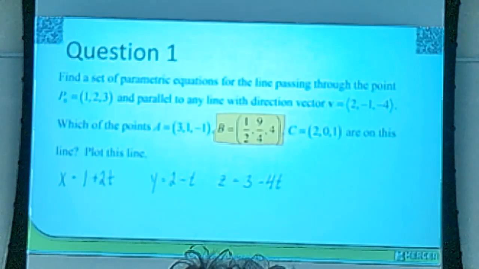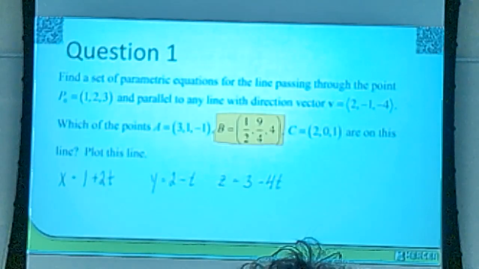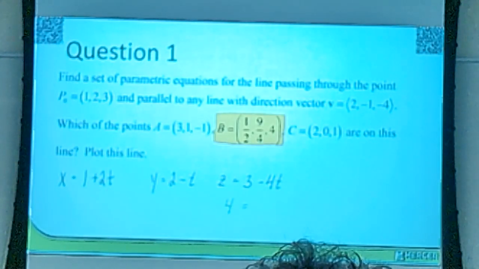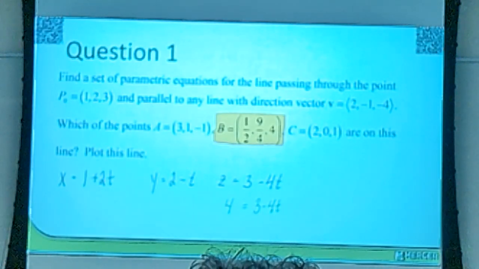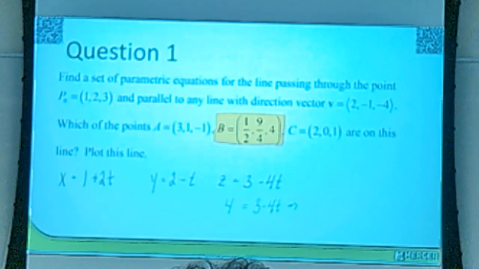Okay, very straightforward. Same game. I don't like working with fractions. T has to be what, negative a quarter? 1 plus 2 times negative a quarter, that's what, 1 minus a half, which is what, half?